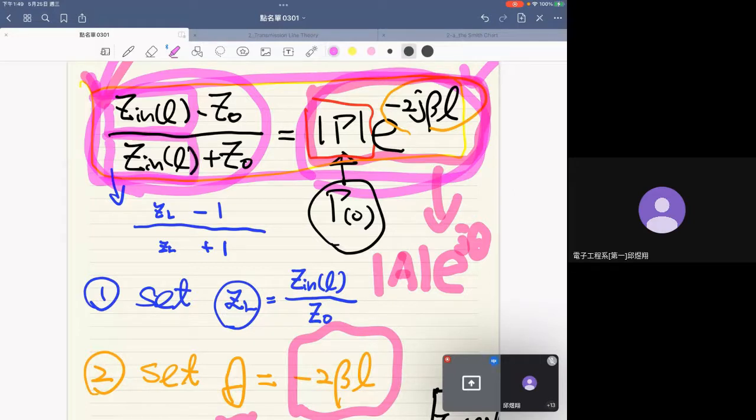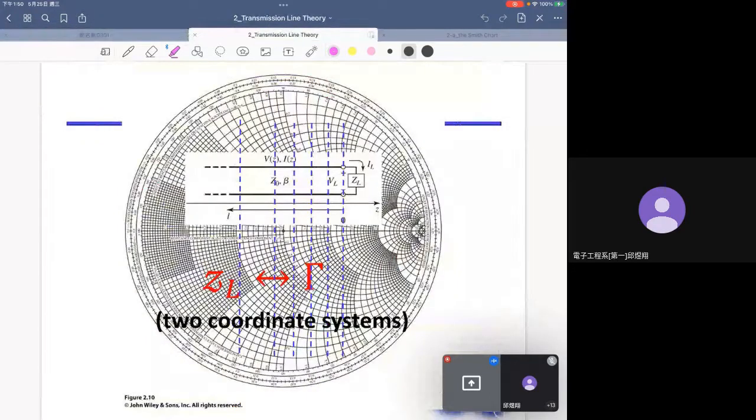As I said, Smith chart is trying to give the relationship between ZL and the reflection coefficient. If you know what is the impedance at some point, you also can obtain the reflection coefficient at this point. This is the Smith chart.